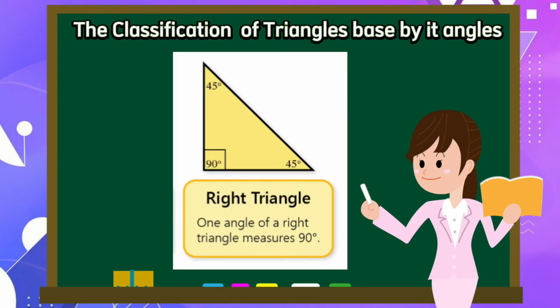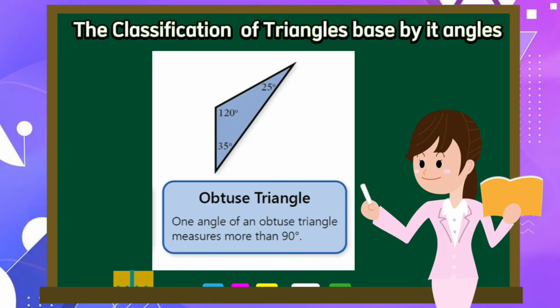Next, we have the right triangle. In a right triangle, one of the angles is equal to 90 degrees, which is called a right angle. It must not be lower than or greater than 90 degrees. It must be exactly 90 degrees, and that is called a right triangle.